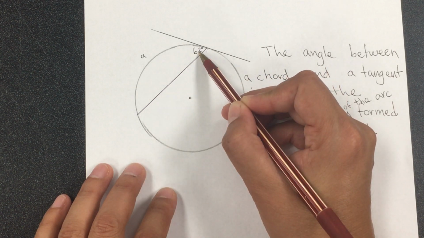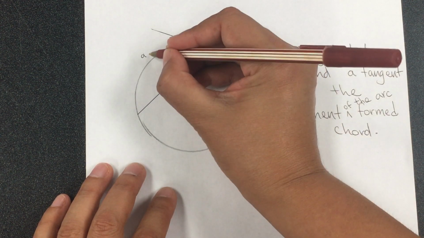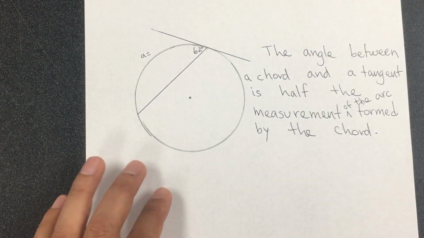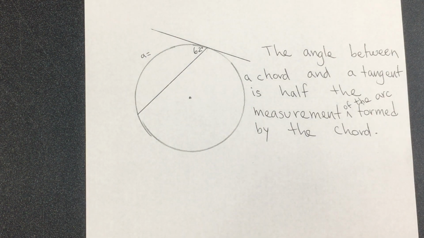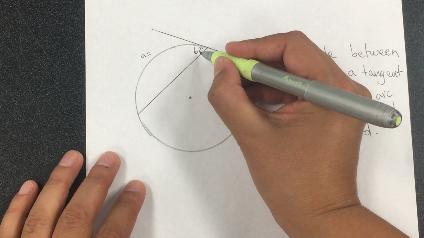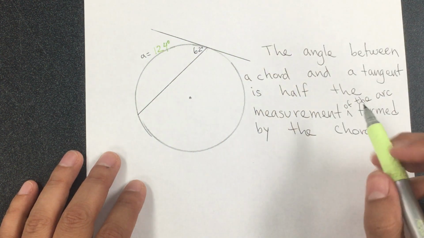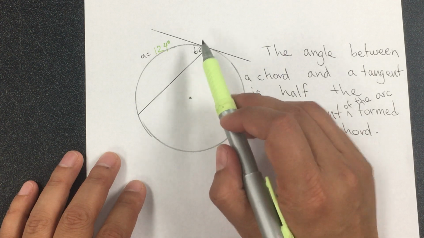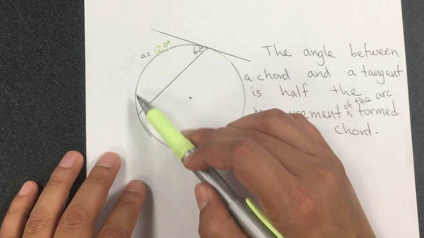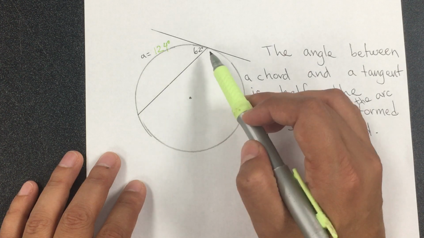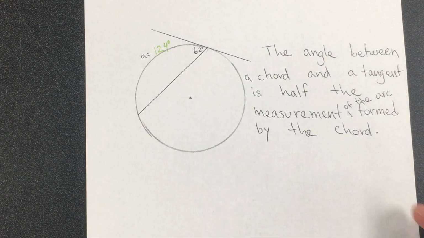So if this is 62, the measurement of this arc is going to be twice as much. So 62 times 2 is 124. This is always half of the arc formed by the chord.